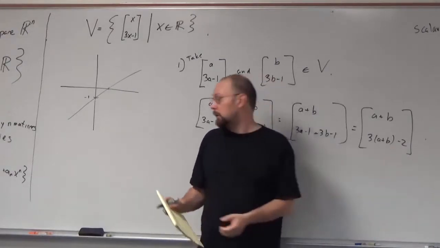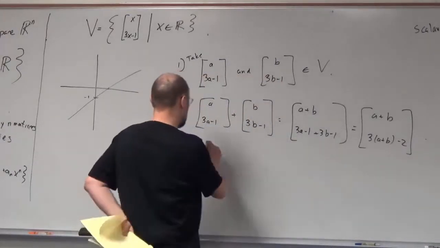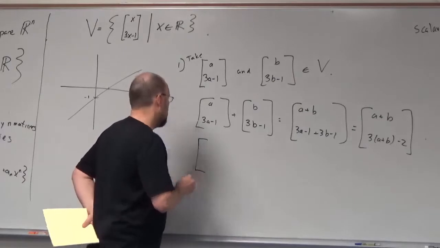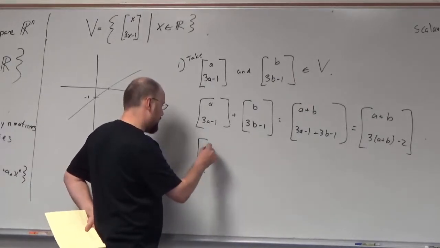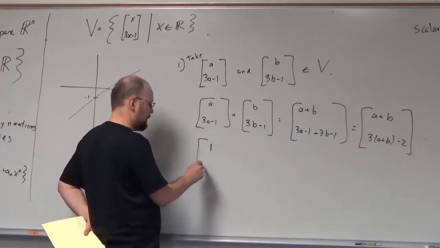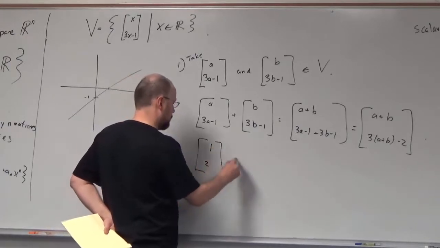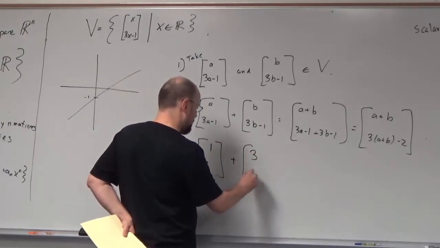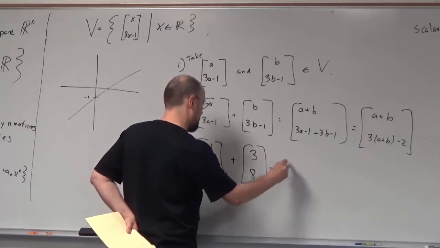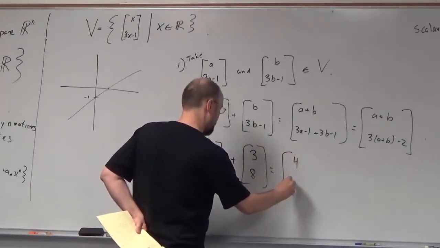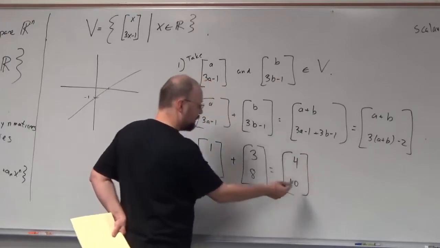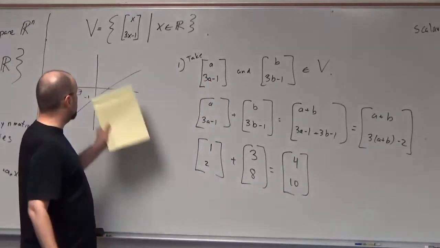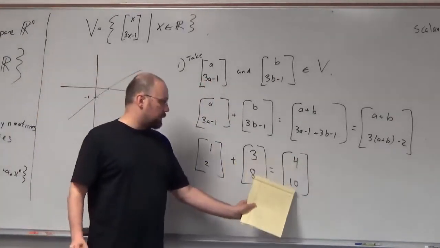It's -2. To make it more concrete, you can think of a counterexample where you have a 1 and this would be 2. You take, say, 3, and this would be 8, right? You add this up, and you see that this is no longer in V because if this is a 4, what would this have to be?